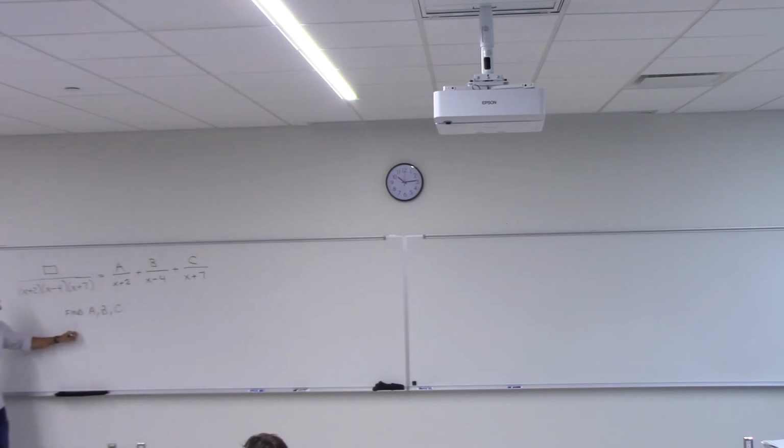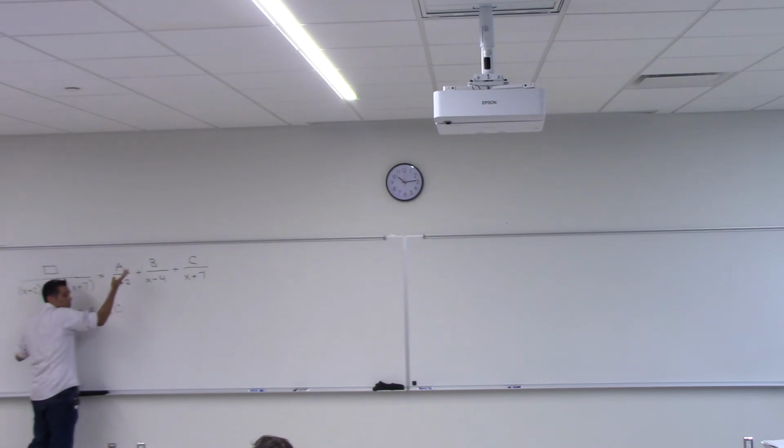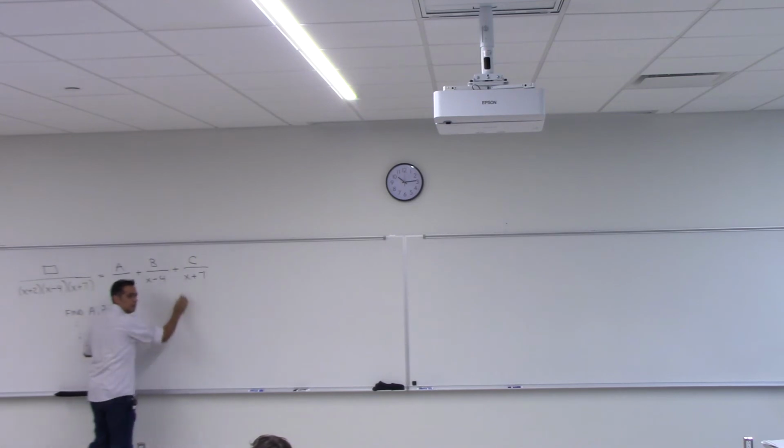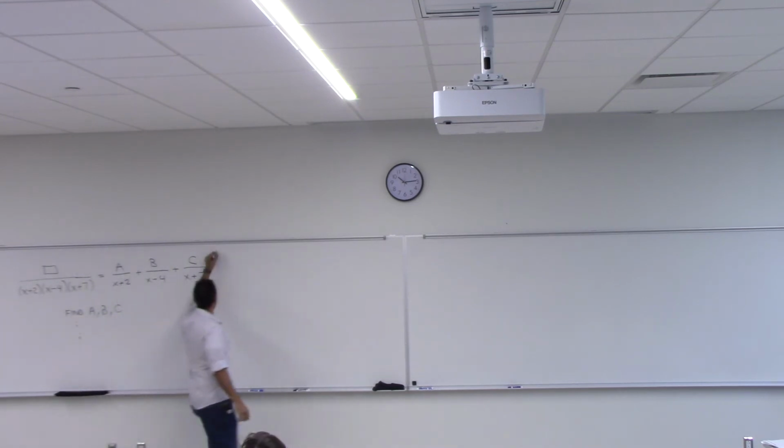How we do that, well, we'll have to clear fractions and do other things. But what I want you to see with partial fractions for this part is that for each distinct linear factor, you do a number, you don't know it, so some letter, over each distinct linear factor, okay?